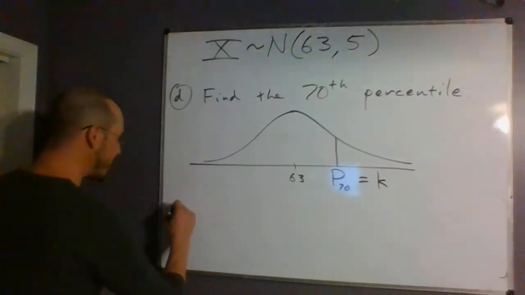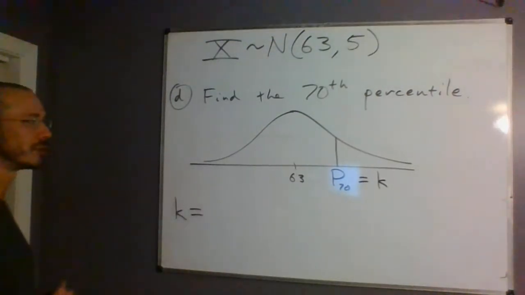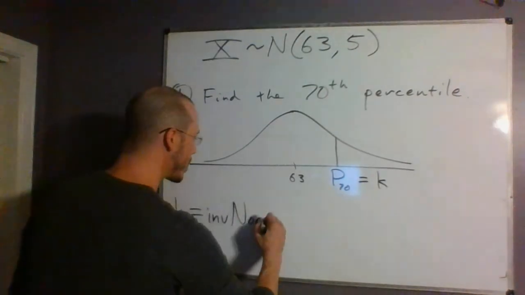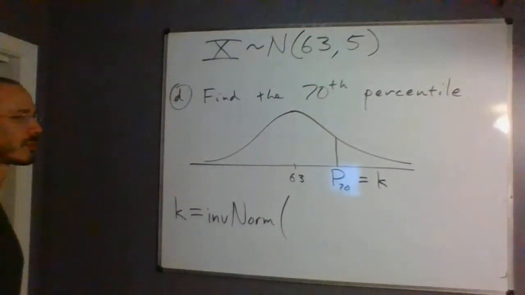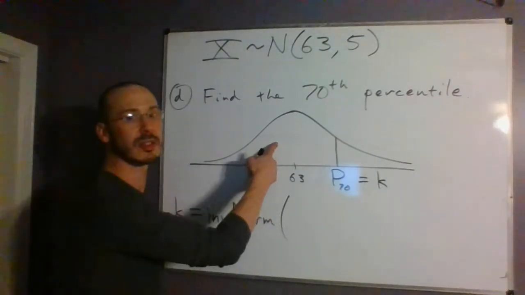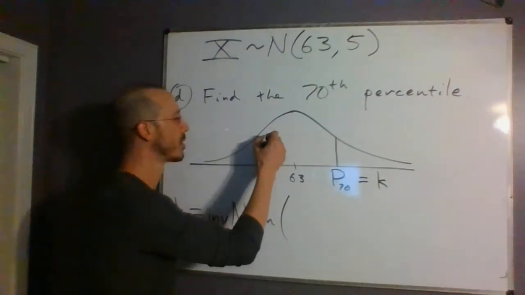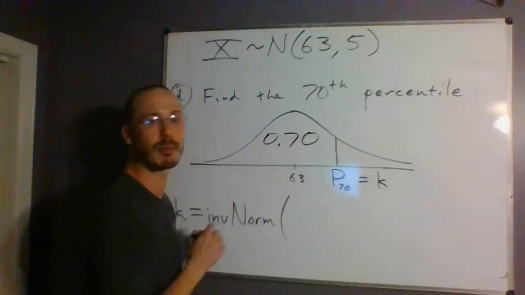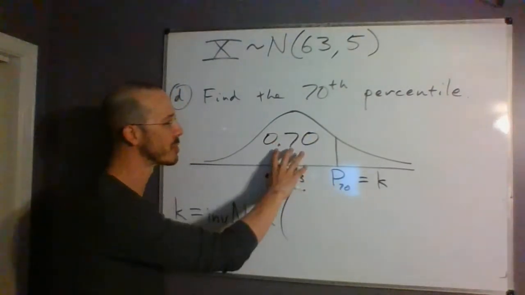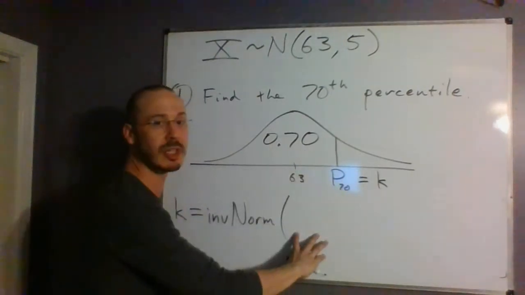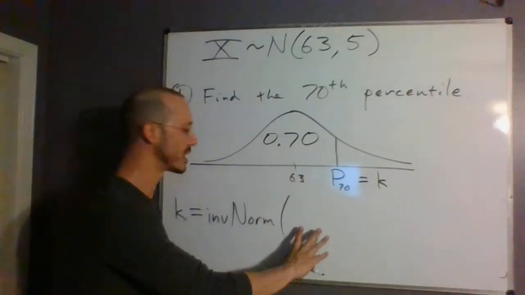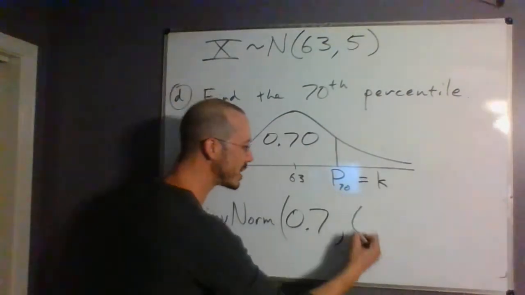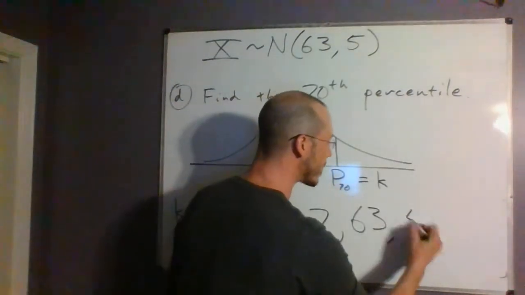And to find that K value, it's the inv norm function with the area to the left, which is 0.7, 70%. You can see the 70% a little bit better like this, but the area is what I put in here, not the percentage, not 70, but 0.7. And then the mean and the standard deviation.